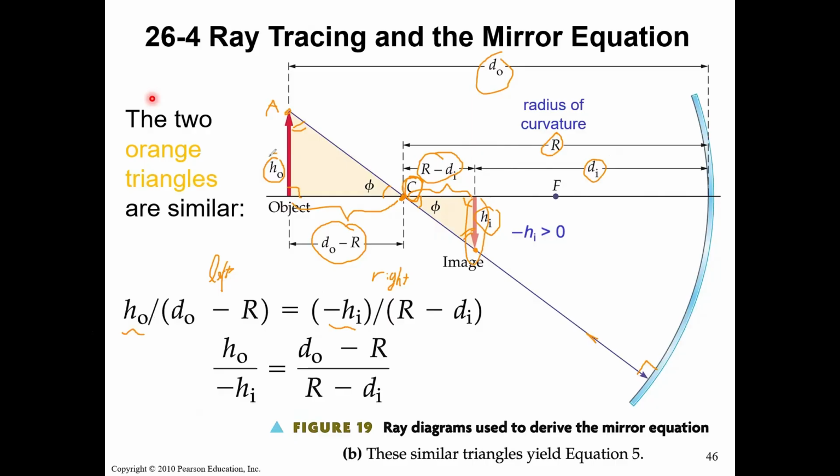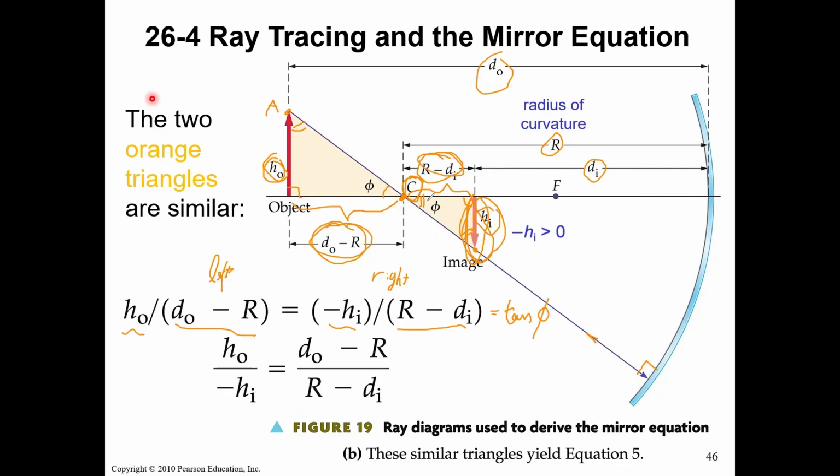HO is here divided by DO minus R is here. This is basically, what is it? Tangent phi, right? And it's equal to minus HI here, divided by R minus DI, which is here.